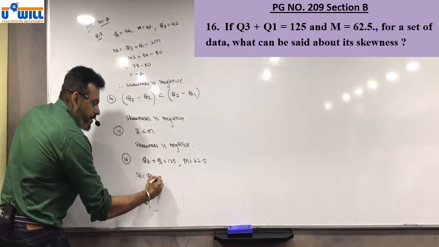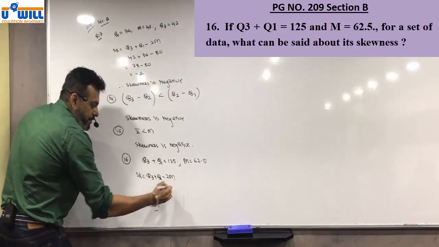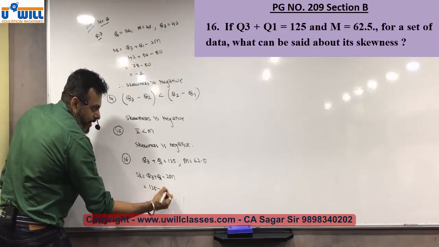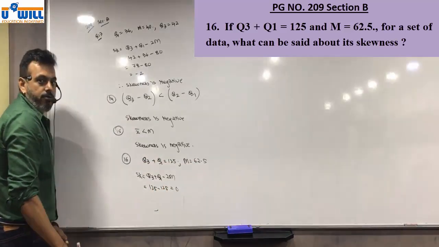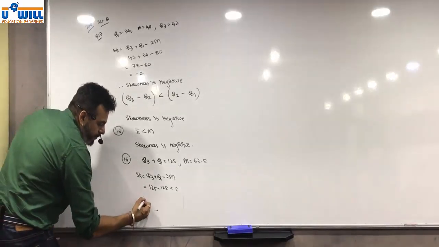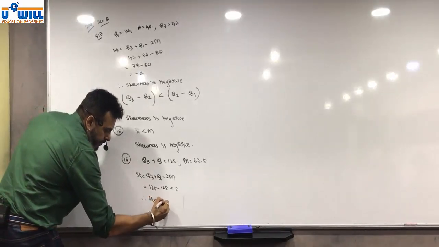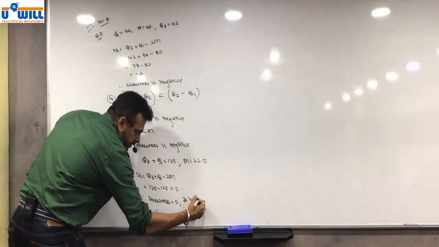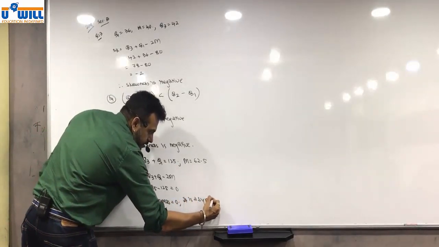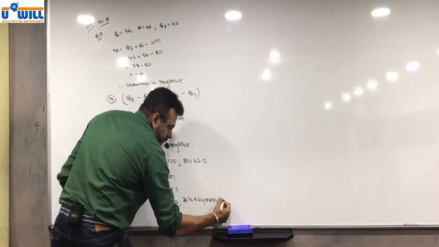Q3 plus Q1 minus 2m, which is equal to 125 minus 2 into 62.5, which is 125, is equal to 0. So, therefore, skewness is equal to 0. It is a symmetric distribution.